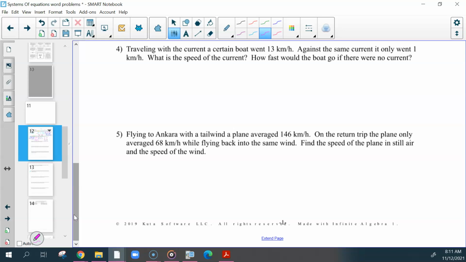On Monday, you're going to take our 3.1, which is systems by graphing, and 3.4, which is systems of word problems quiz. Tuesday we're going to go over it, and Wednesday is going to be your test on those two sections. Thursday we're going to take our quiz on substitution and elimination.